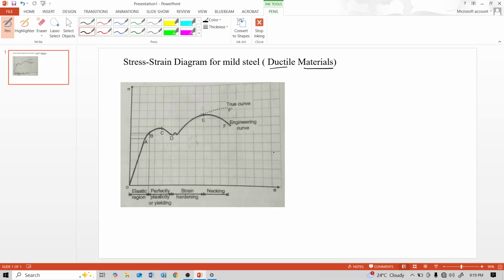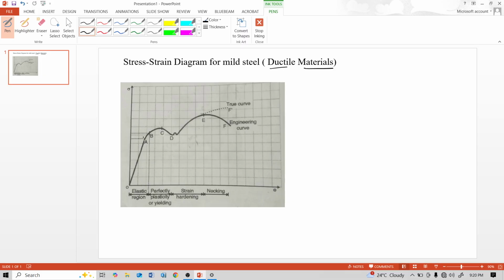So, on the x-axis there is strain and on the y-axis there is stress. Between O and A there is the limit of proportionality.